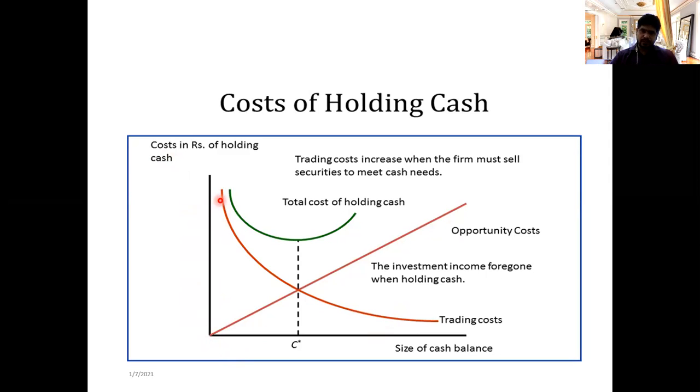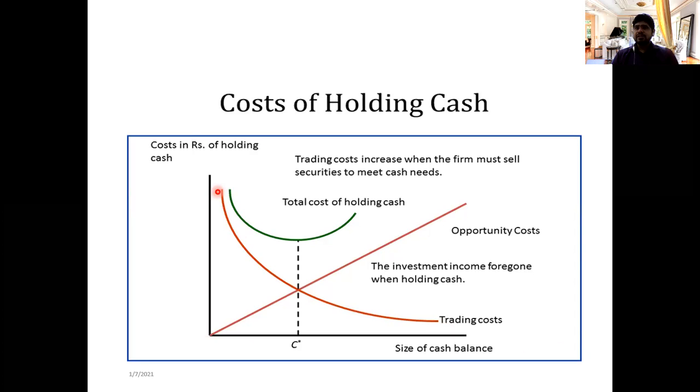Here trading cost means, if you keep more money, then you deposit the money, you buy some financial instruments like treasury bills. If you have additional money, you can buy treasury bills, right? Then you can get some sort of interest as an income.